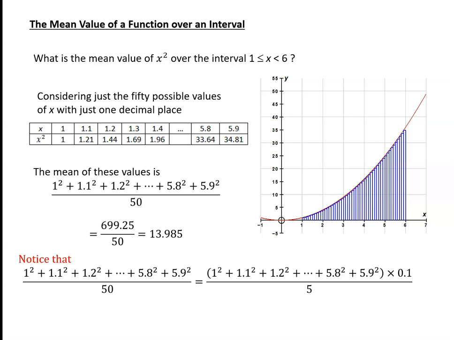The 1.1 squared times 0.1 is the area of the second rectangle. The 1.2 squared times 0.1 is the area of the third rectangle. The 5.9 squared times 0.1 is the area of the final rectangle. So what I've got there is the area of all of the rectangles divided by 5.